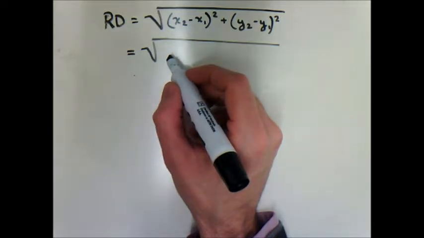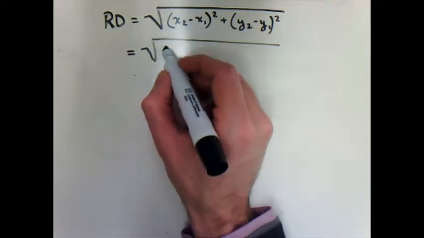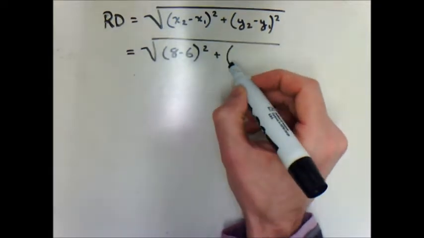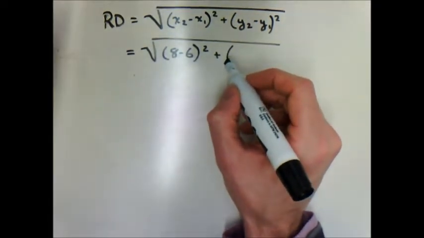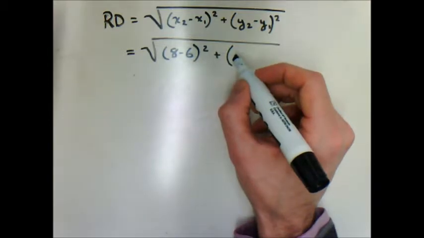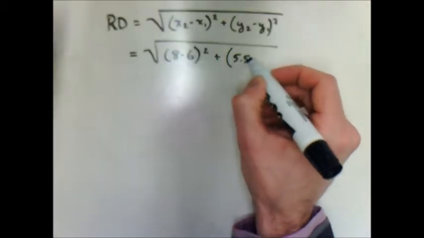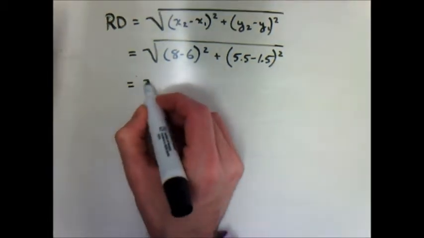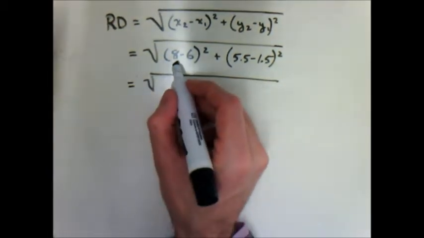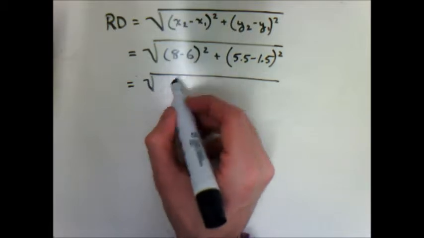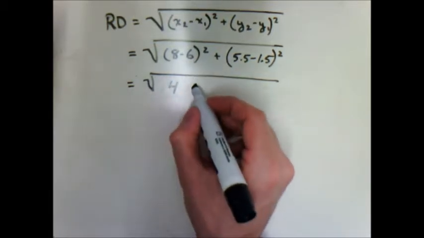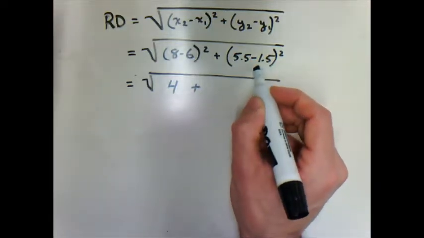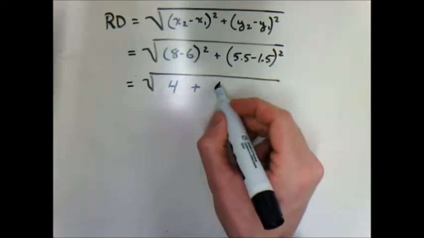We have RD, the x values are 8 minus 6 squared plus our y values, making sure we use the same one first, 5.5 minus 1.5 squared. We can reduce inside the brackets. 8 minus 6 is 2. 2 squared is 2 times 2, which is 4. And then we have 5.5 minus 1.5, which is 4. 4 squared is 16.